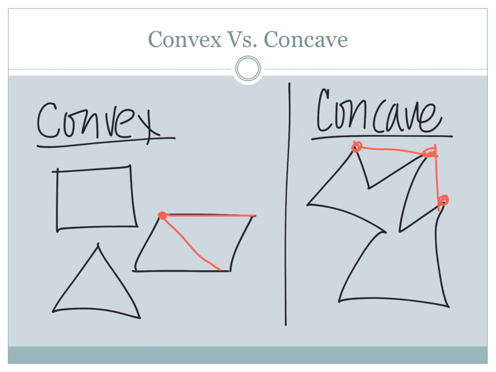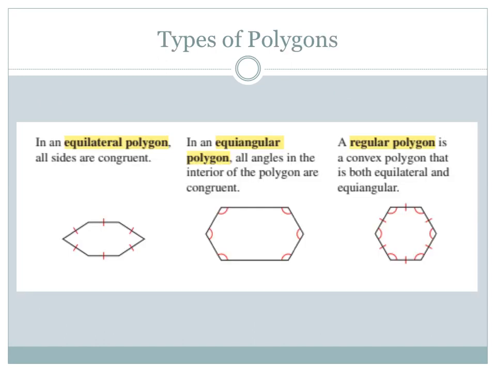Okay? Ladies and gentlemen, how do I feel about this? Do we feel okay? Yeah. All right. So, we do have multiple types of polygons. If I say equilateral, what comes to mind? They're all the same. What's all the same? The sides.